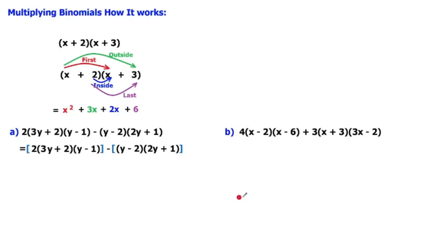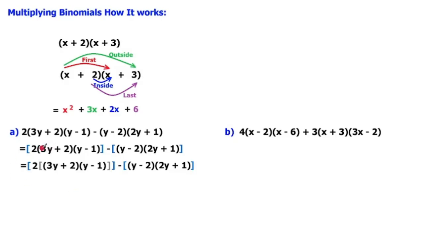So now let's move on to this one. The first thing we need to do is put in our brackets. Here's our first multiplication, and here's our second one. We're going to multiply these two binomials, and then these two. So let's put our brackets in so we can see it more clearly.